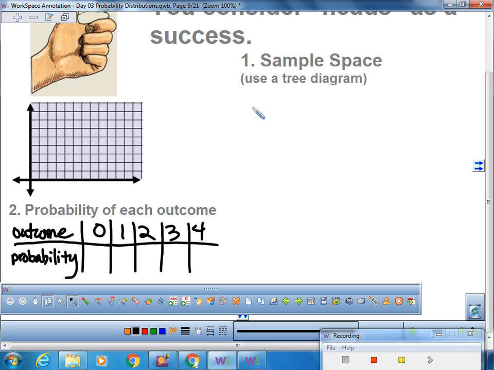So I can use head and no head. That's the first point. Everybody agree that those are my 2 outcomes? That's my sample space.